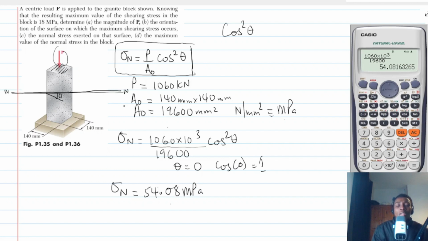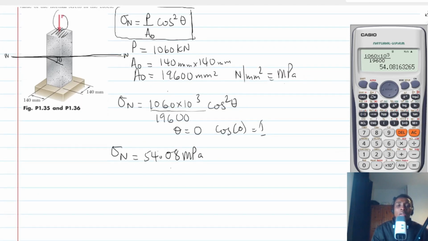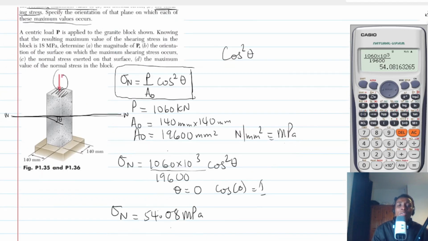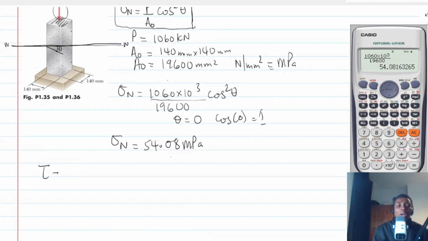Again, the question says we should find the maximum shearing stress. The formula for the shearing stress is given by the load P divided by the original area, multiplied by cosine theta and sine theta.